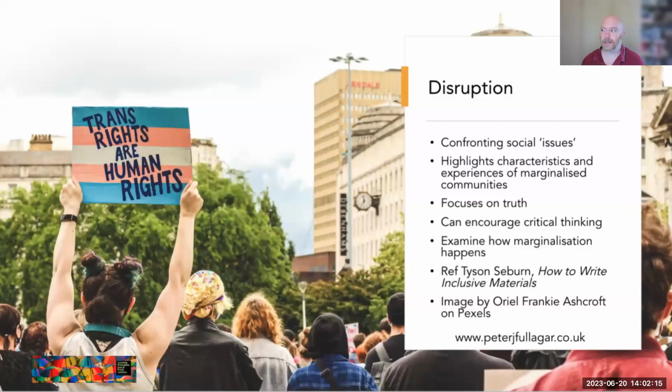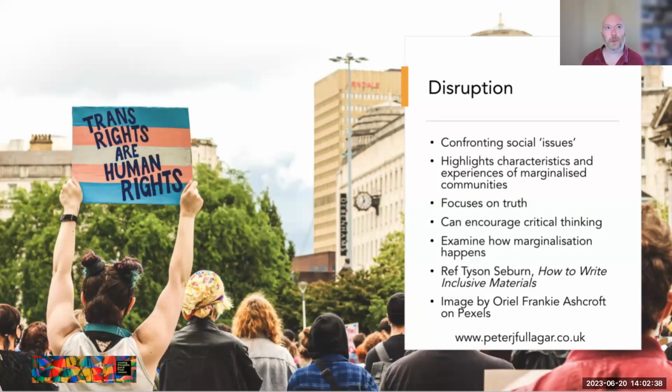And in this case, this is where I would talk about disruption. So disruption for me, and I have to reference Tyson Seaburn here in his book, How to Write Inclusive Materials, because he explains it a little bit more in detail. Disruption confronts social issues.